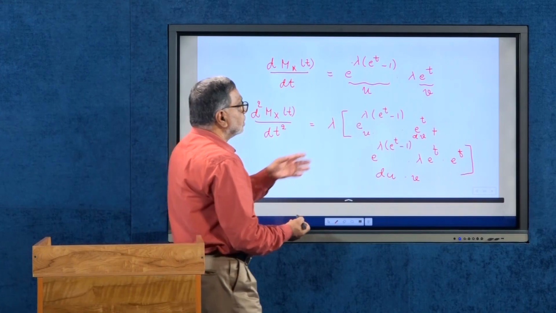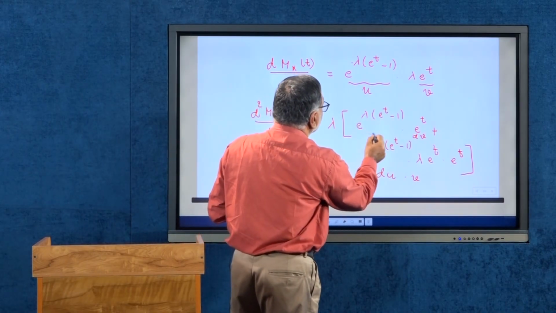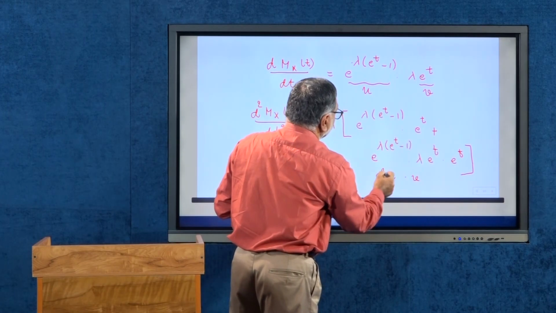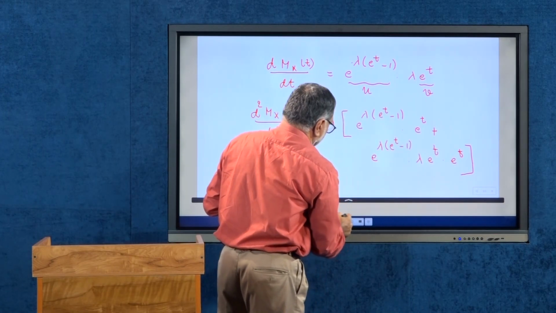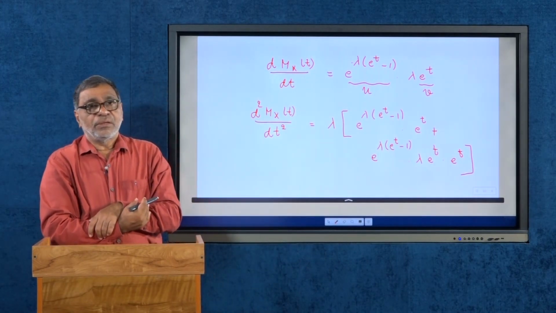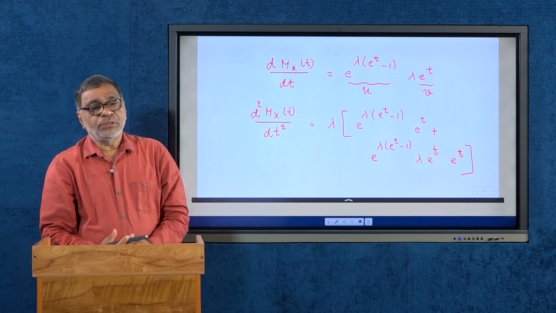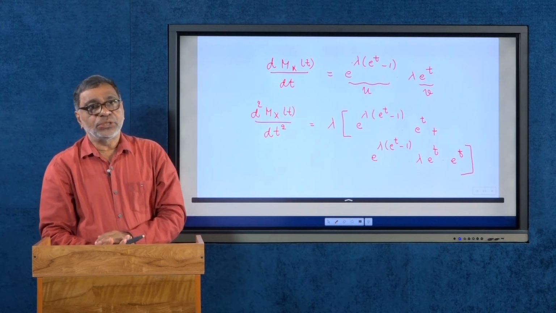So, this is the value, and we are substituting t equal to 0 here also.